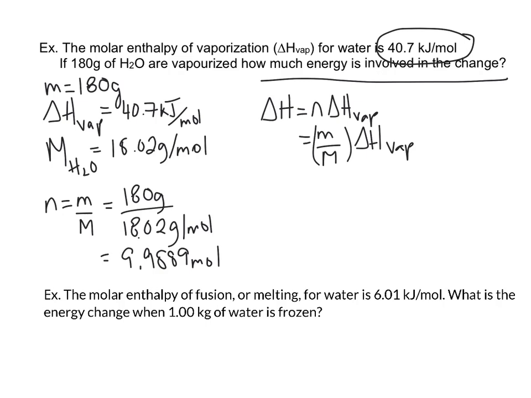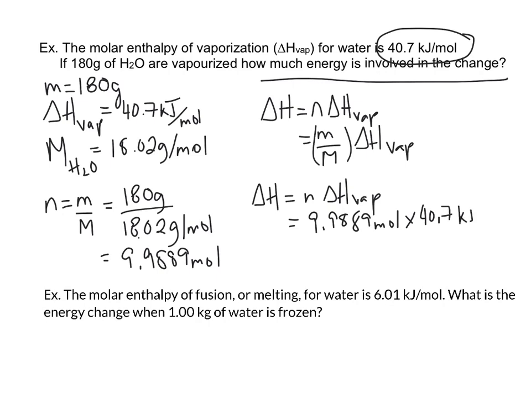So we would plug that in now to delta H is n delta H vap. And that is 9.9889 moles times 40.7 kilojoules per mole.